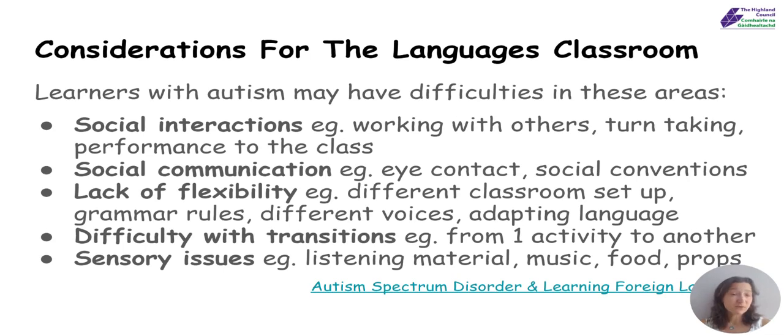They might have difficulty with social conventions, knowing how a conversation starts and finishes, that sort of politeness of saying hello and goodbye, and we need to do that in the foreign language. So those might need to be taught, or they might need to be stated: in this conversation, you need to include the following, just really breaking it down and not making any presumptions.